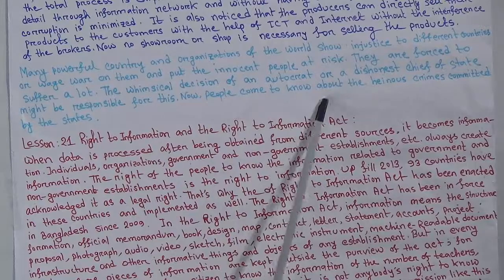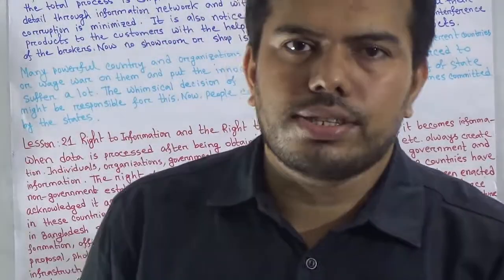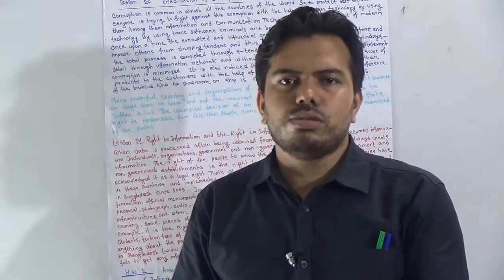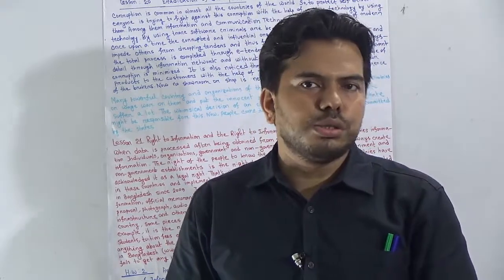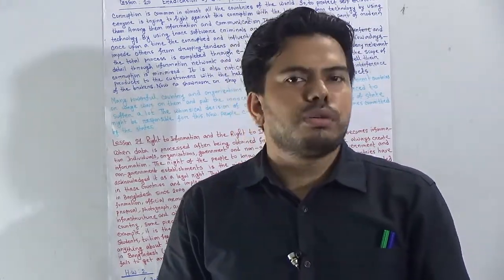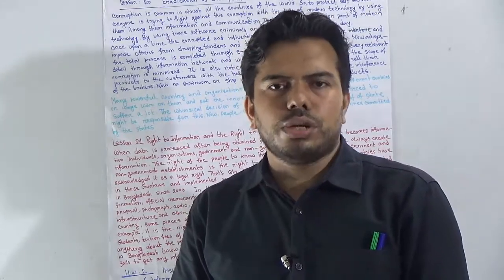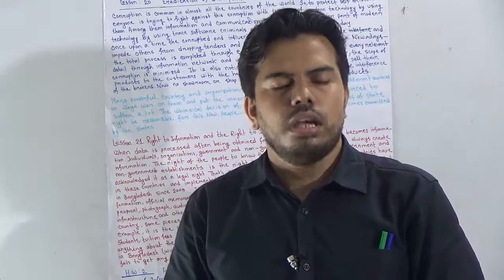Now people come to know about the heinous crimes committed by the states. We can see every type of work and information in our visual and virtual life. So it's not so easy to cheat others from our state. We have the right to access information from different kinds of departments of our government.